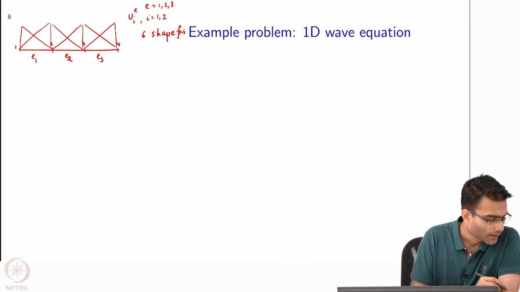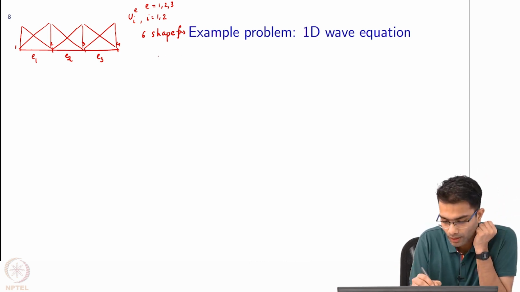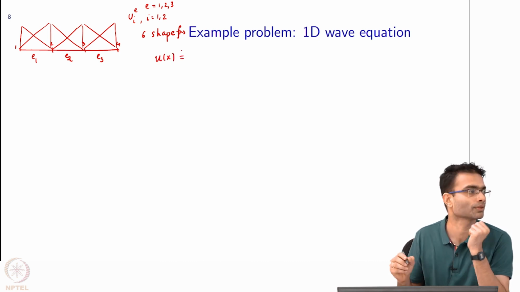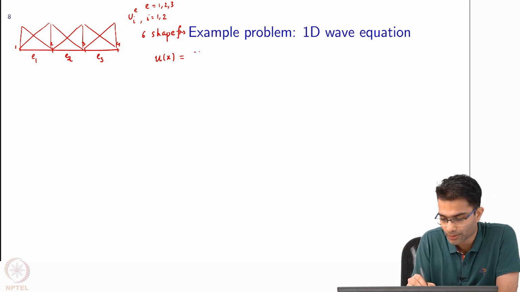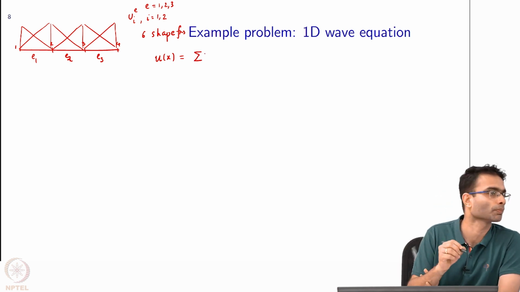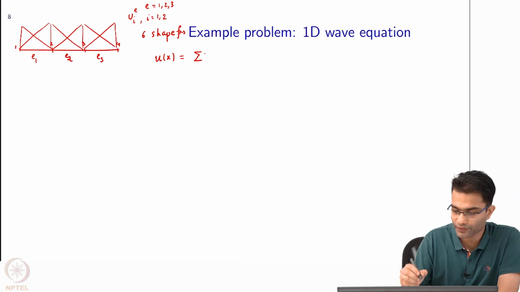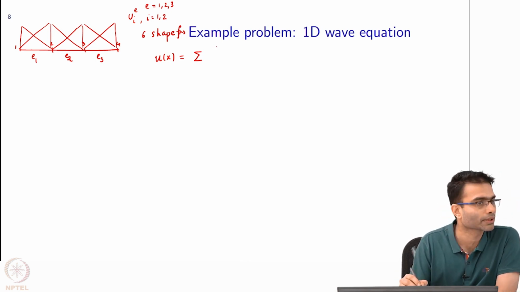So, with this in mind, how do I write the field? I write the field u of x in terms of these basis functions. It is a summation, and this time we will explicitly open up the summation. Let us write the unknown and then the shape function.